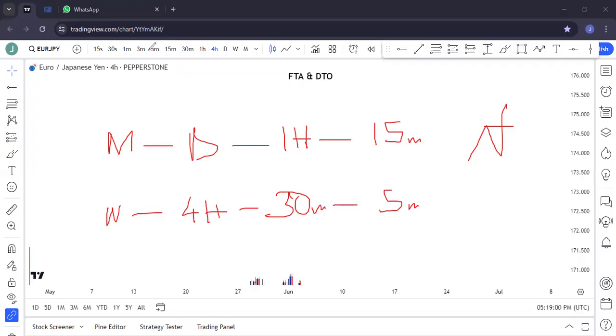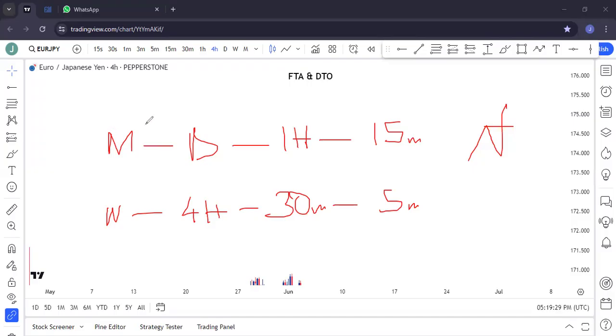In this time frame series, we have time frames that are not inside one of these series. Those are the time frames we use to verify the structure or to find FTA. I need you to understand this.